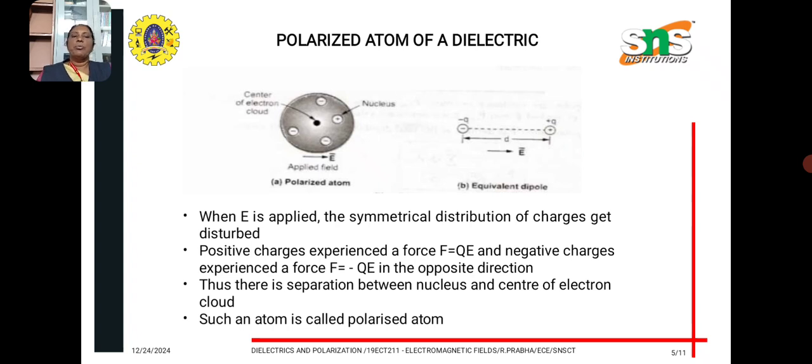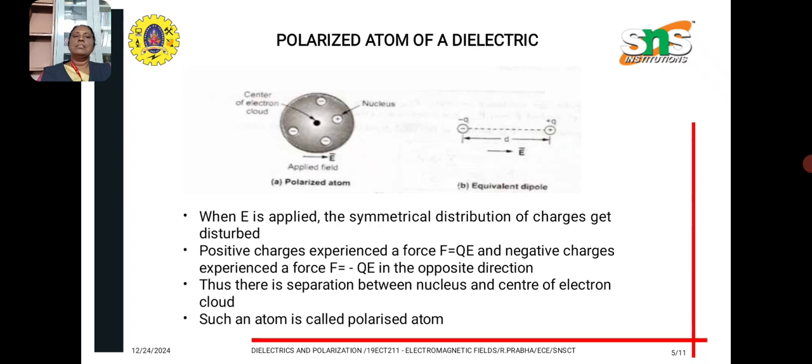Now the polarized atom of a dielectric is obtained when the electric field E is applied to the atom. When the electric field is applied, the symmetrical distribution of charges gets disturbed. The positive charge experiences a force F equal to QE, and the negative charge experiences a force F equal to minus QE, that is, an equal force in the opposite direction.